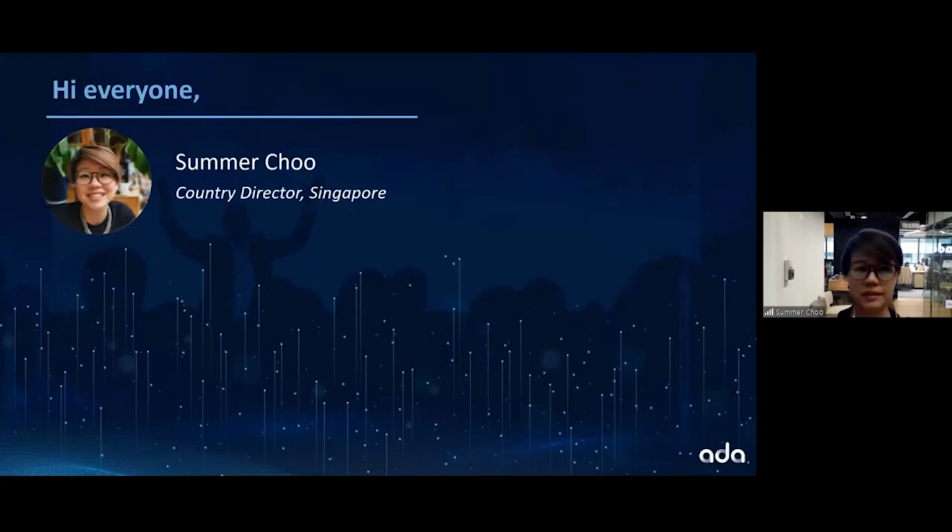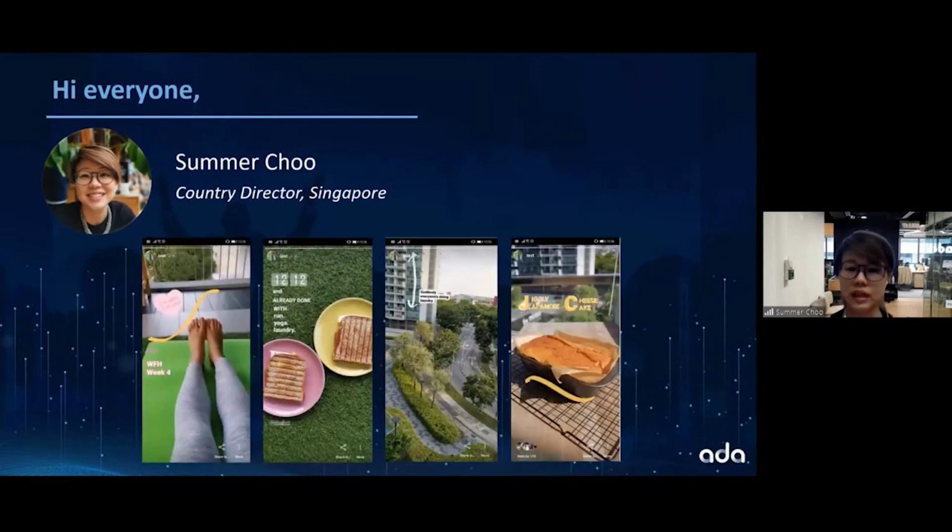A bit of introduction about myself. I'm the country director for ADA Singapore, and I thought it would be quite timely for me to share what I've been through during this COVID period in the last 5 weeks. So this is week 5, working from home. I used to exercise a lot in the evenings, but nowadays when I wake up, rolling out from bed and walking 10 steps to my work desk is just not doing it for me.